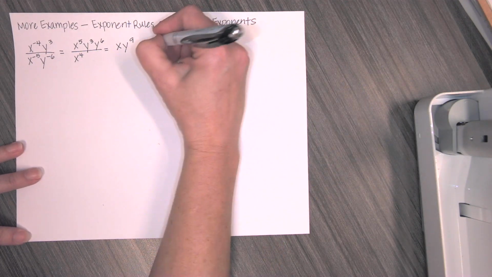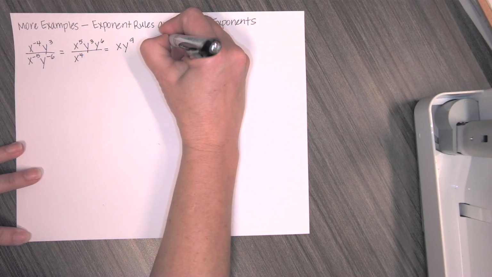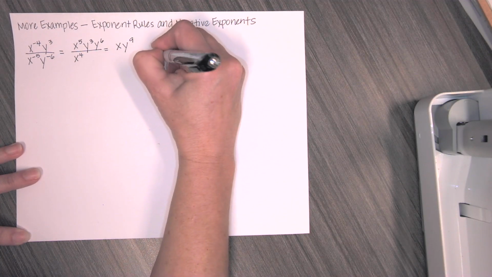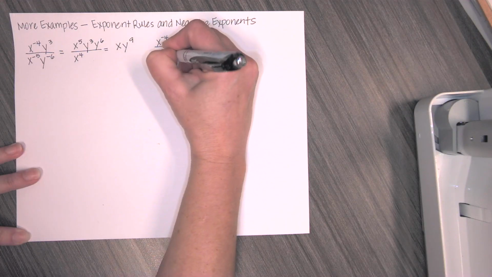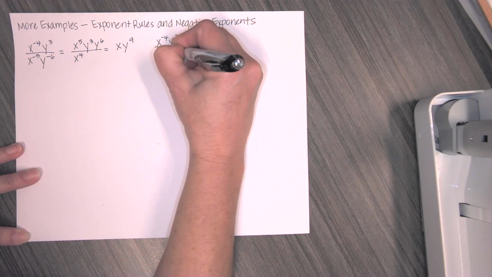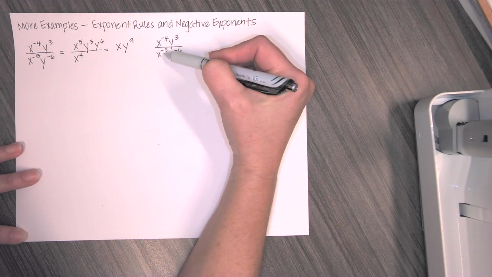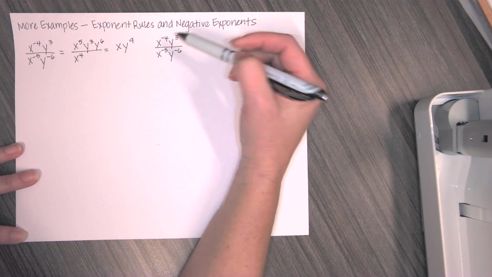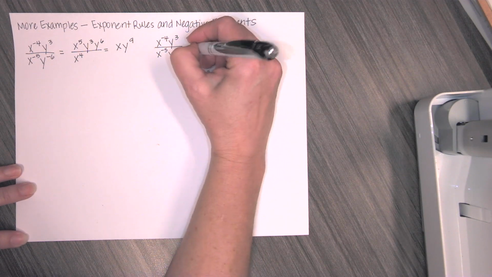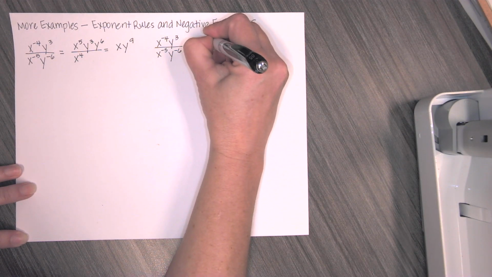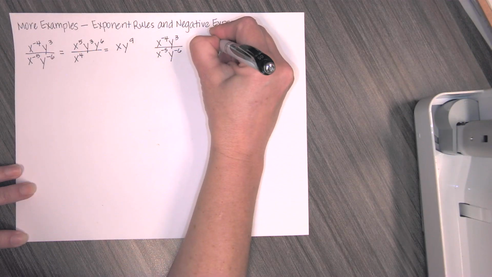Now, if we wanted to first do the division rule, we could do that as well. Okay, here's the same problem. These x's are being divided, and when we divide, we subtract our exponents. So for the x's, we would have negative 4 minus negative 5.